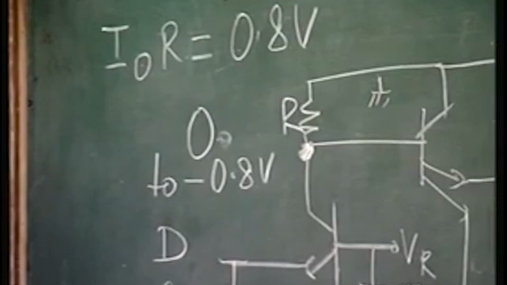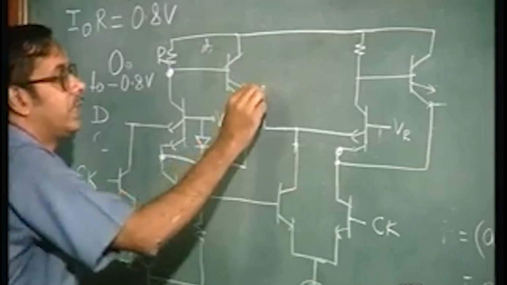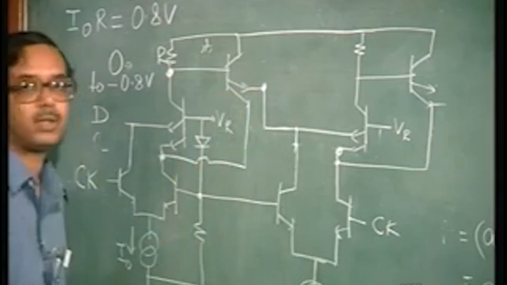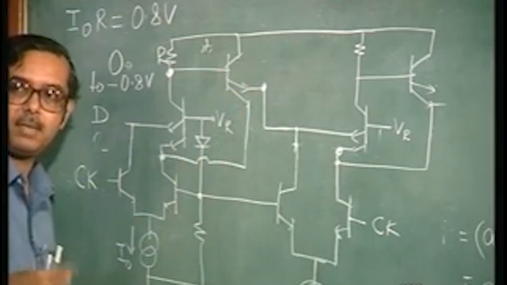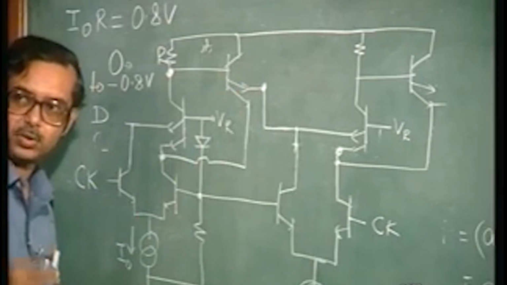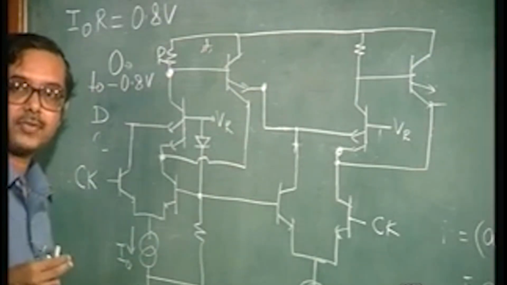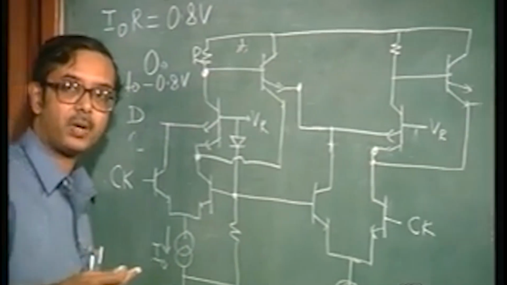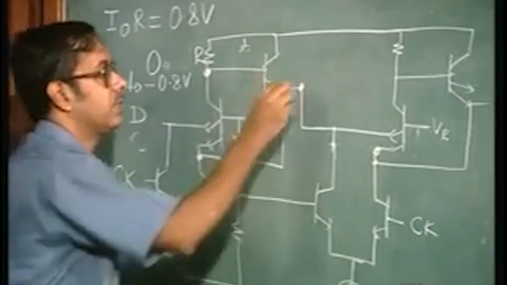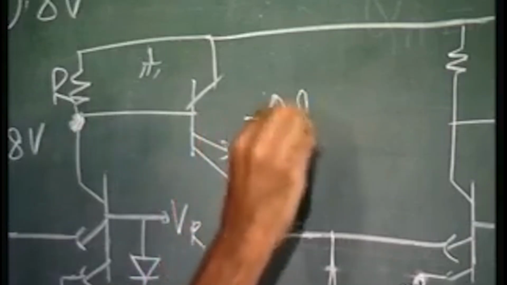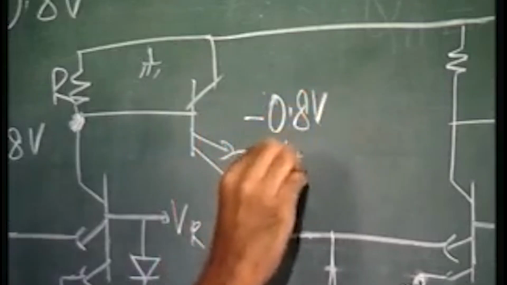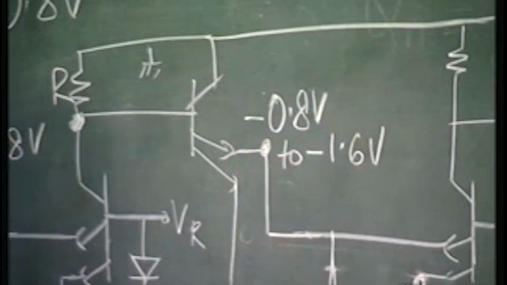Now what is the output voltage variation? What is the output voltage drop? If we assume that the VBE of this transistor is 0.8 volts, the output voltage varies from minus 0.8 volts to minus 1.6 volts.